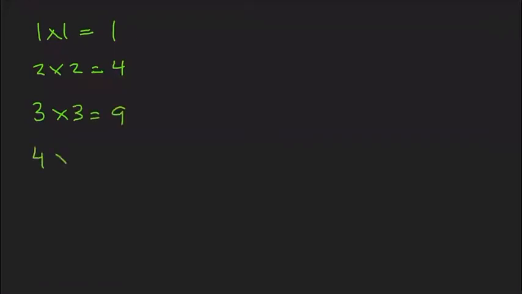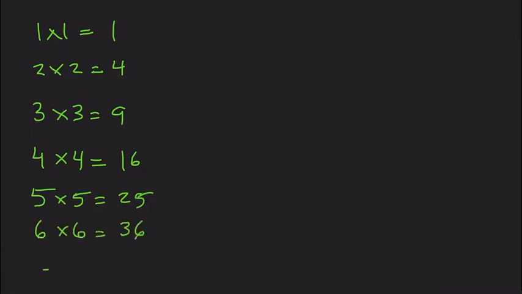So if you're not very familiar with these, and I think probably many of us are not, I would take the time to write these down just so you have them. So we probably want to know up to, we'll say 15.